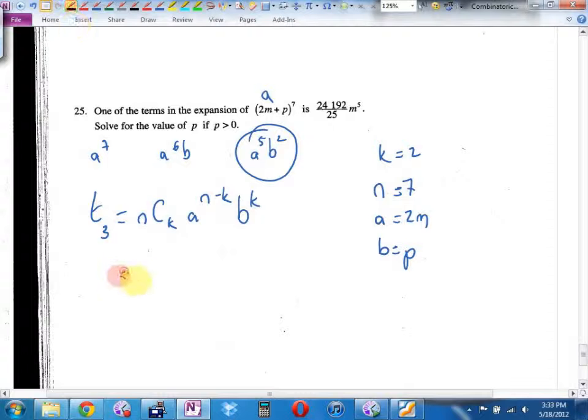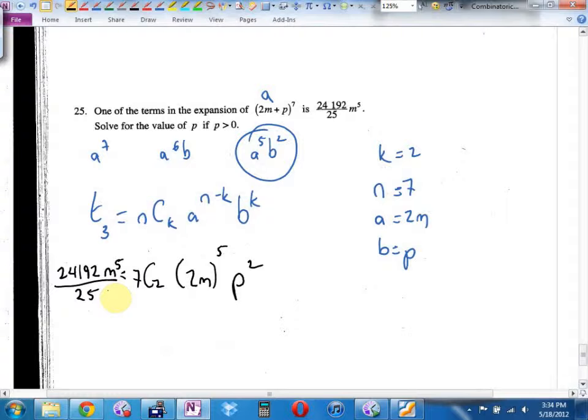It's going to be 7 choose 2, 2m to the 7 minus 2, to the 5th, P to the 2. Oh, and I know what that equals. Apparently that equals 24192 m to the 5th over 25.